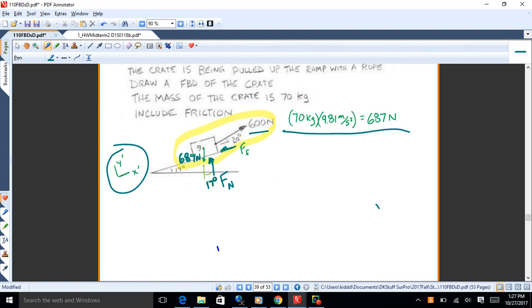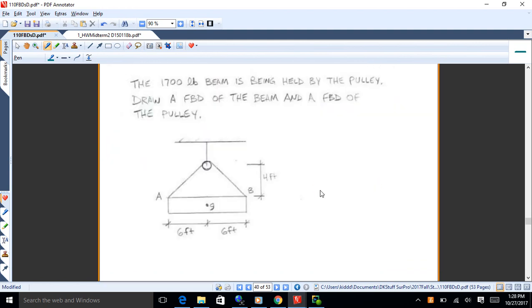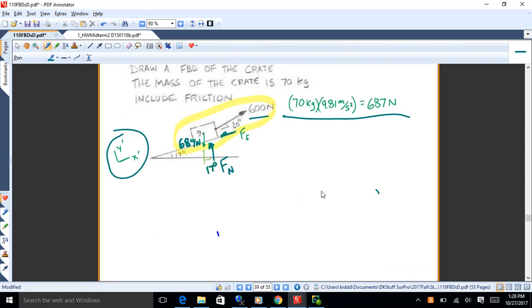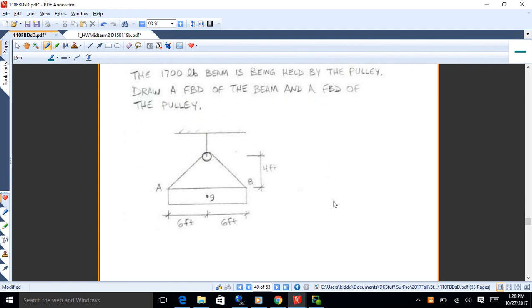All right with that? And that yellow outline, that's just drawing a boundary around the object, which can be a good step to go through.